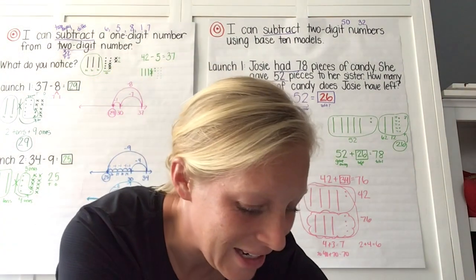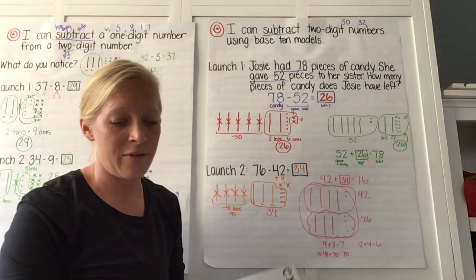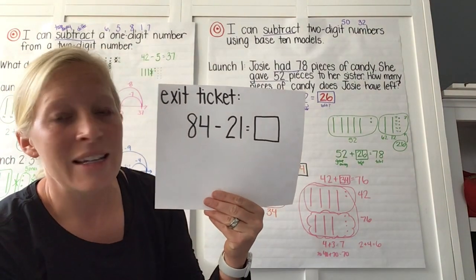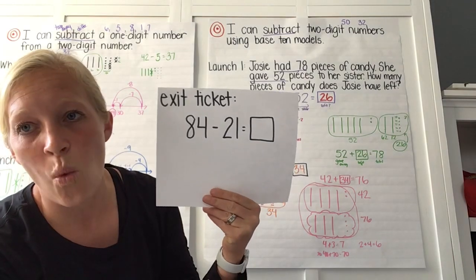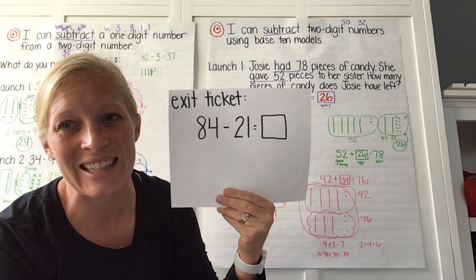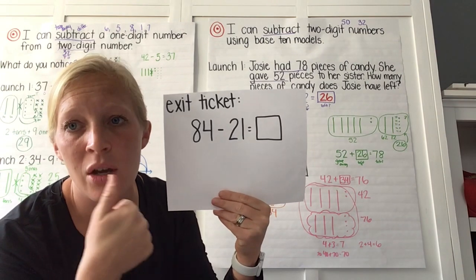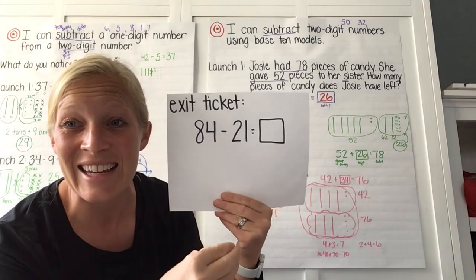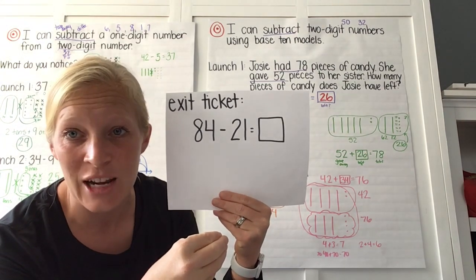Our exit ticket for today, before you go off and work on your own, is 84, take away 21. Remember, when you're showing your work, we want to make sure that we see where that 84 is, where that 21 is, and that you're either taking away or adding to get to 84.